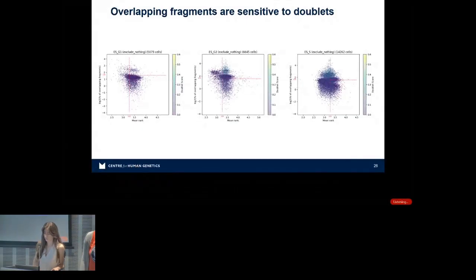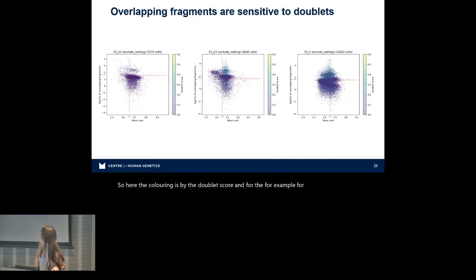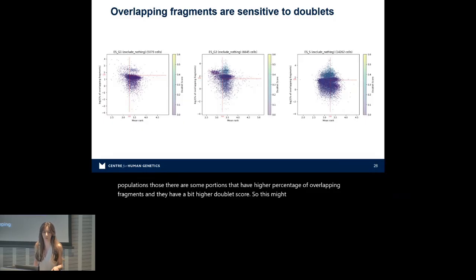Here the coloring is by the doublet score, and for example for the G2 and S phase populations, there are some portions that have a higher percentage of overlapping fragments, and they have a bit higher doublet score. So this might also be a problem, and this metric may even be helpful for doublets as well.